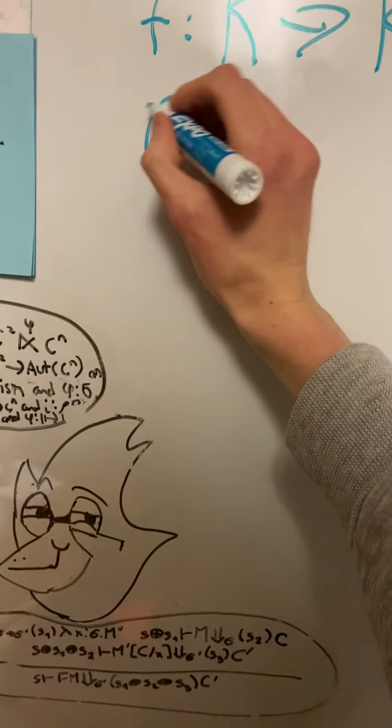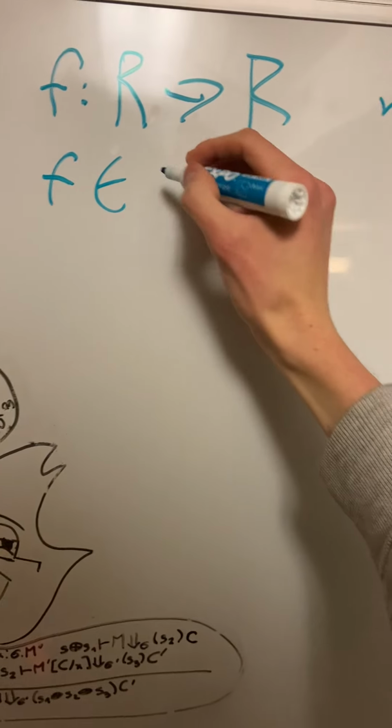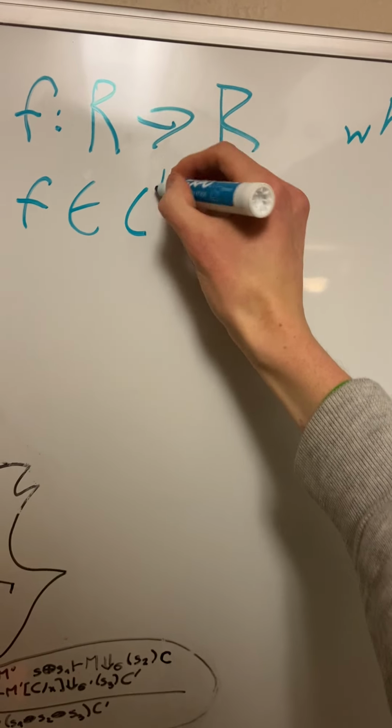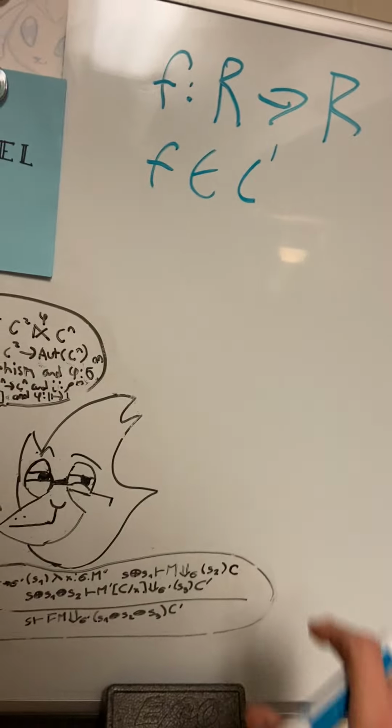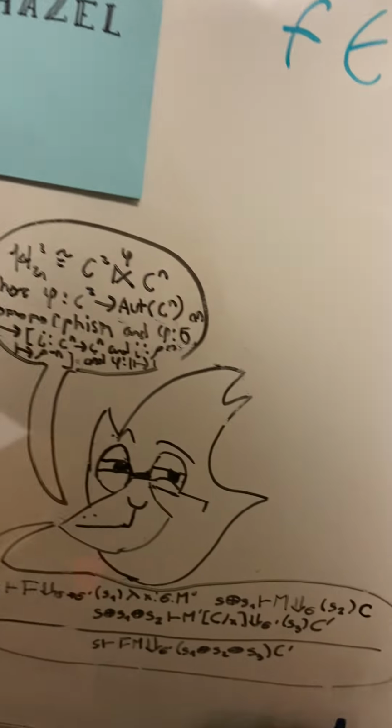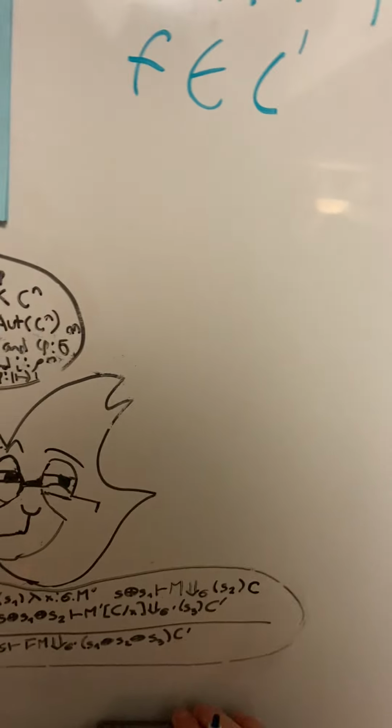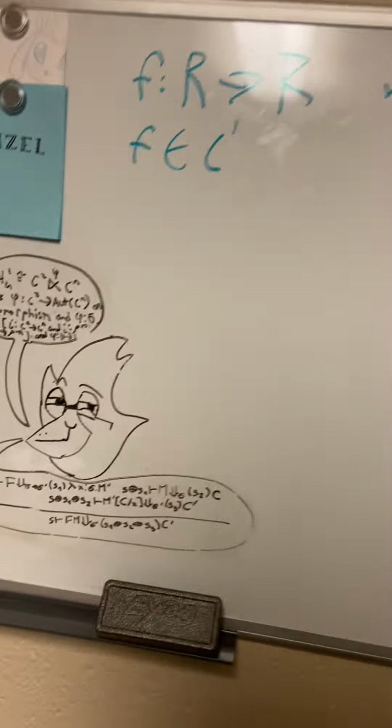So then we assume, let's say, f is in C1. We can take the derivative of it. We just assume we can take the derivative.